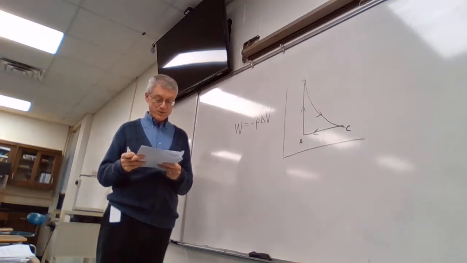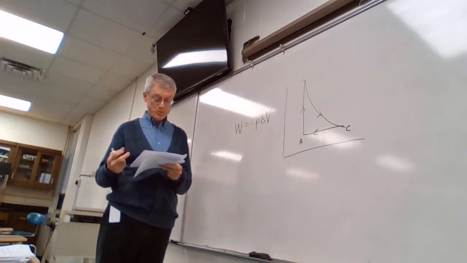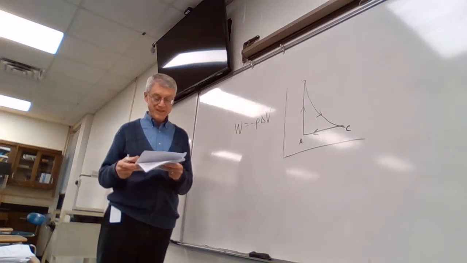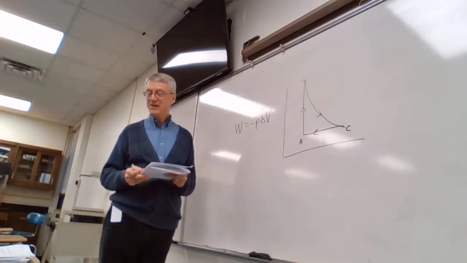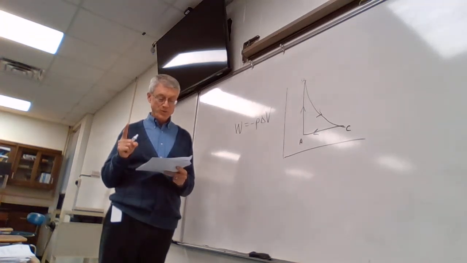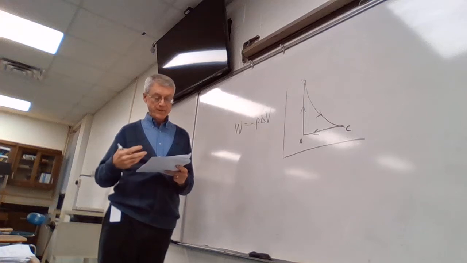Or the rubric says you even could have said work equals 0 by definition in an isochoric process. All of that is for 1 point out of 4 in part B.